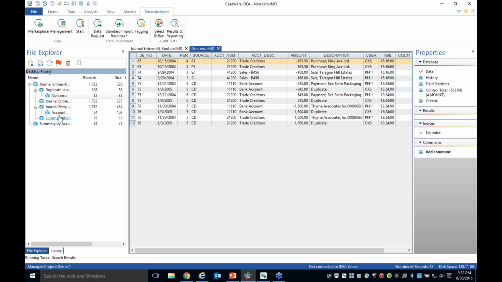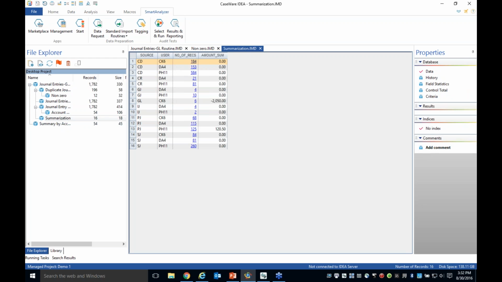If I go to the summary by person here, I'm going to go to this one. It's just called summarization. I don't have the names in here, but I just have the user IDs. And what this one is really showing me is by source, so cash disbursements, cash receipts, general journal. How many journal entries were done by user?